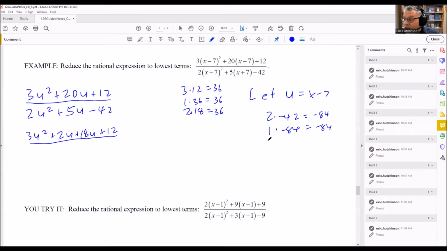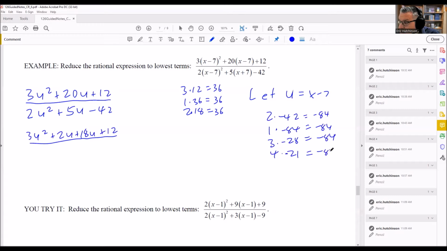Let's do a 3. If you're not sure what these are, you can simply take a calculator and divide by 3, by 4, by 5, whatever it is. In this case it's negative 28. We have 4: 84 divided by 4 is 21, so we have 21 here.